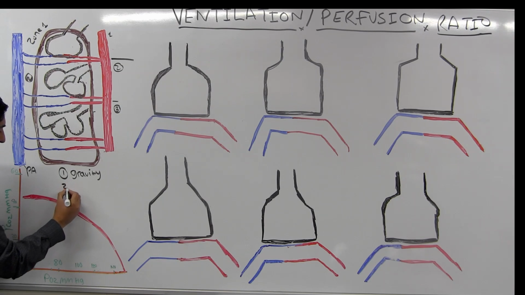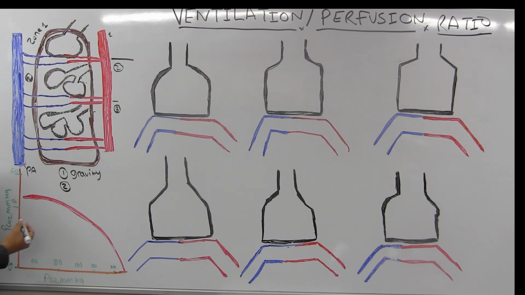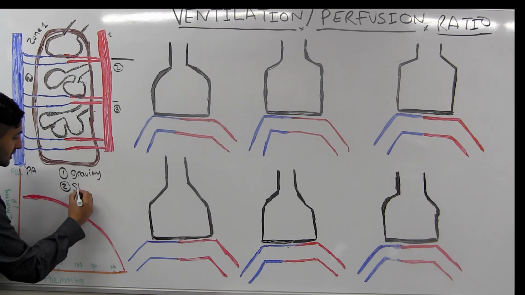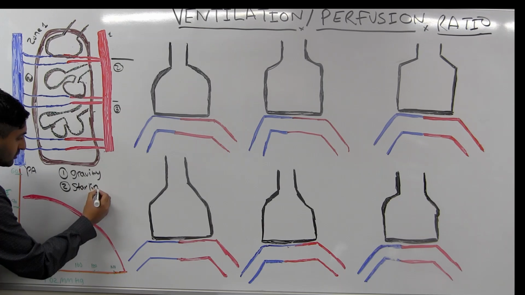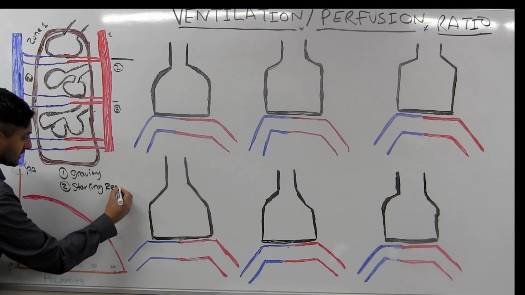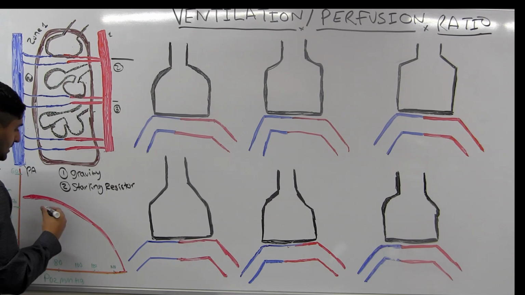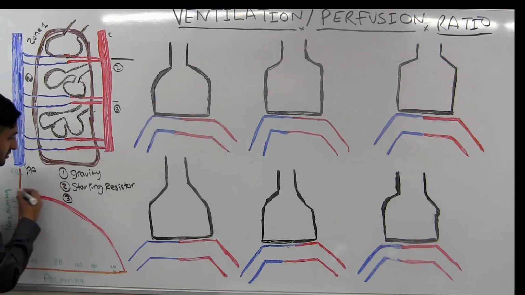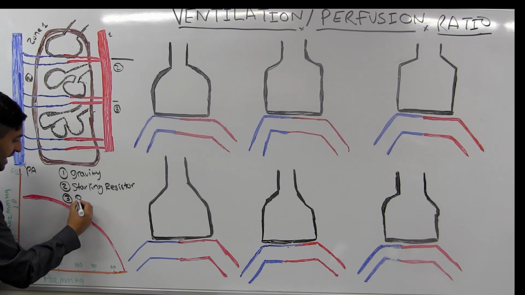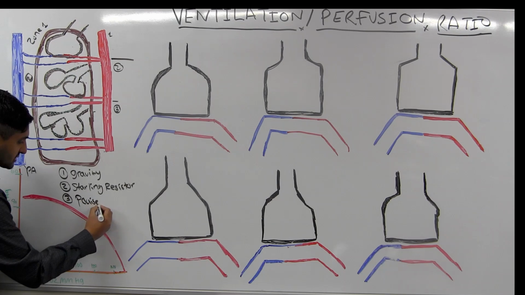So this has gravity, right? But we also have to talk about something called a Starling resistor. What does that mean? We'll talk about that too. The other mechanism we have to talk about is the pulsatile equations.